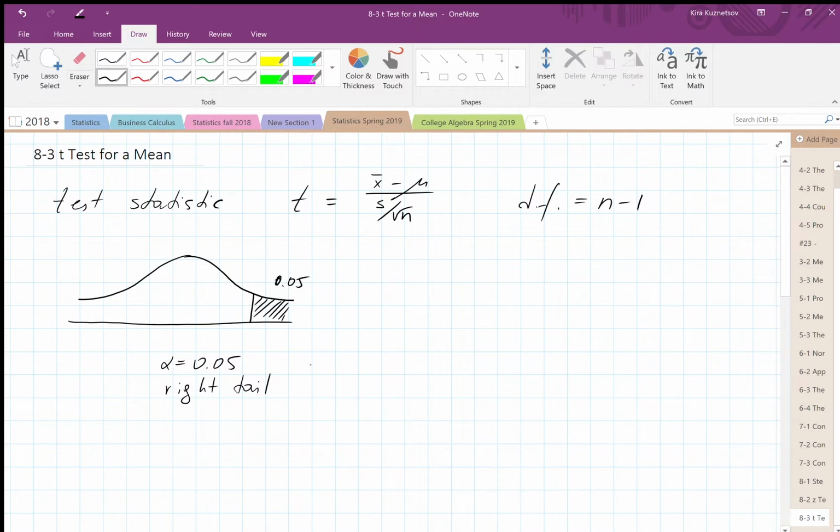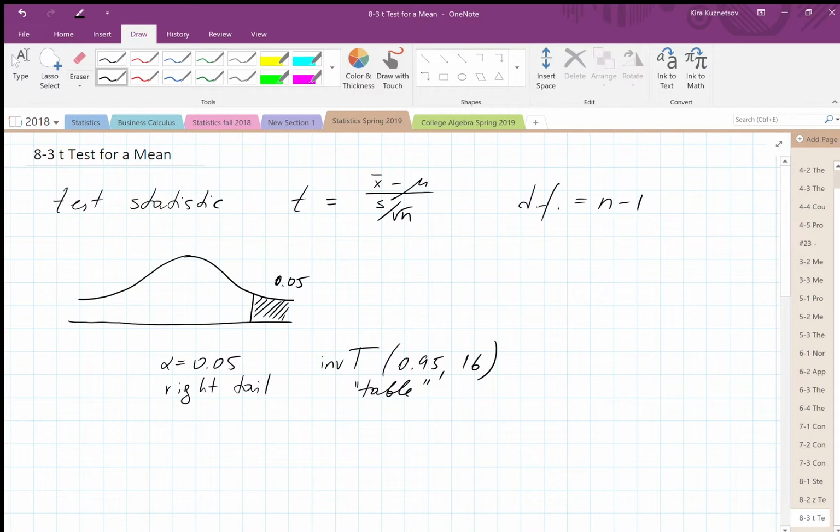There are two ways to go about it. Either you can type in inverse t, 0.05, I'm sorry, not 0.05, 0.95, and 16 for the degrees of freedom, or you can look it up in a table.